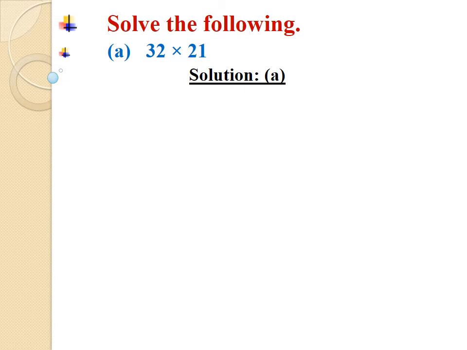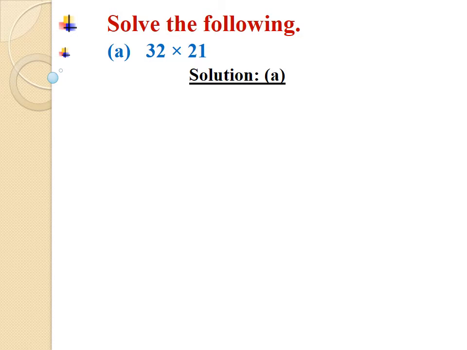Students, we know that in order to multiply, we have to start multiplying from ones, then tens, then hundreds, then thousands, then 10,000s, and so on. So now let us solve sum A by following all the necessary steps.